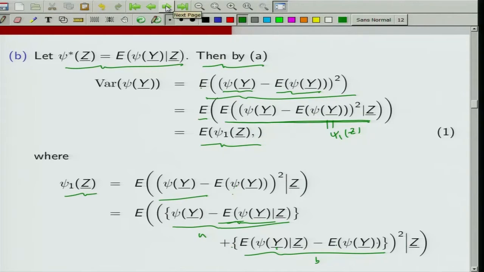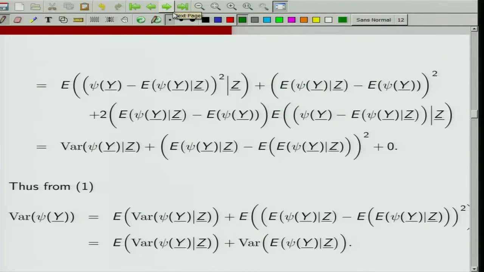So, I expand that, and expectation is linear. So, expected value of A square plus expected value of B square, which would be this quantity. But note that here z is fixed. So, expected value of psi y given z minus expected value of psi y, when I take its expectation with respect to the conditional PDF given z, for a given z this is a fixed quantity and this is anyway a fixed quantity.